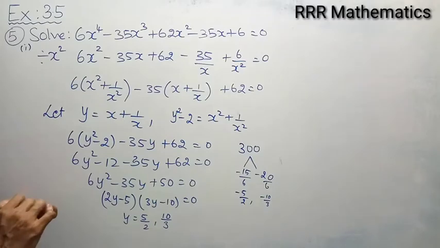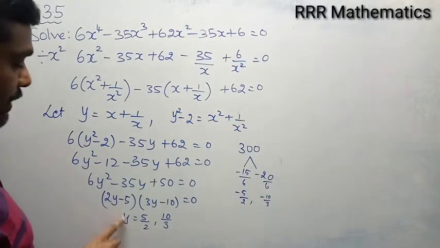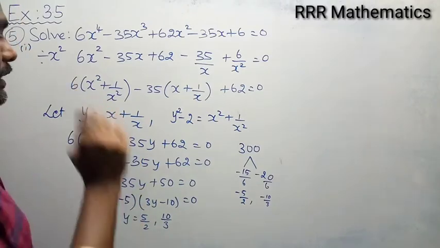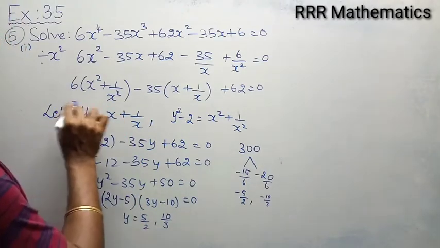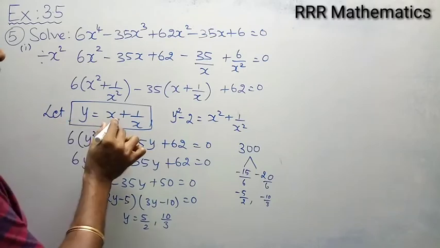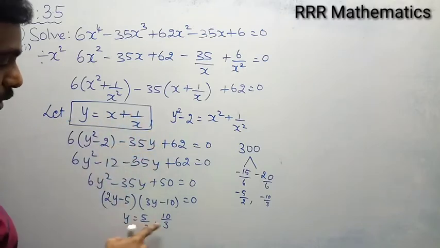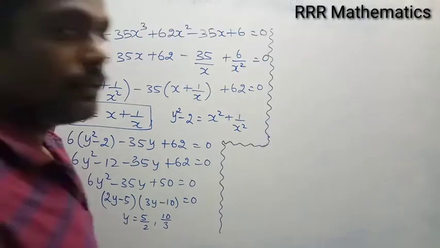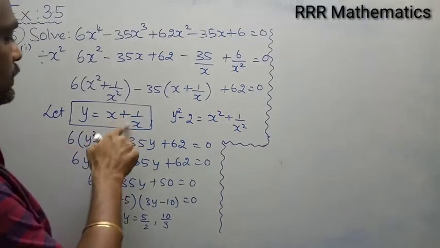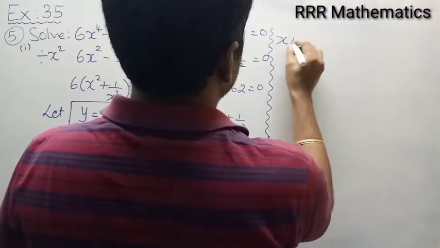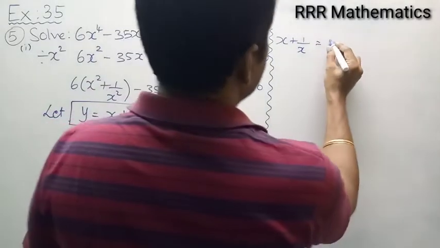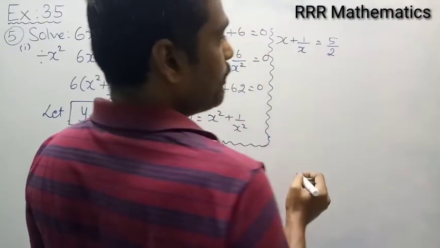So when you factorize, you are getting the values of y as 5/2 and 10/3. Just substitute here, you will get the value of x, that is x + 1/x as 5/2 and 10/3. Is it clear? Therefore, x + 1/x = 5/2.